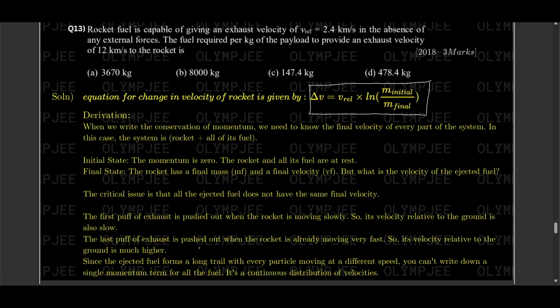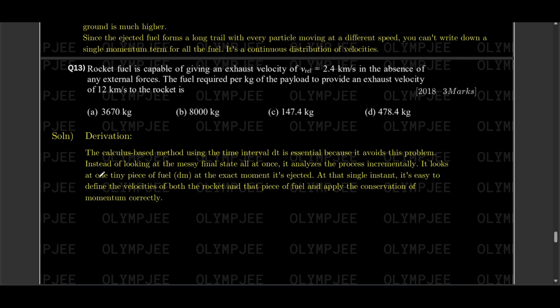And the last puff is when the rocket is moving at a high velocity, because after some fuel has been ejected the rocket has high velocity, and relative to that the fuel will be ejected at high velocity also. So all the fuel ejected does not have the same velocity, and the final and initial states cannot be compared for momentum conservation.